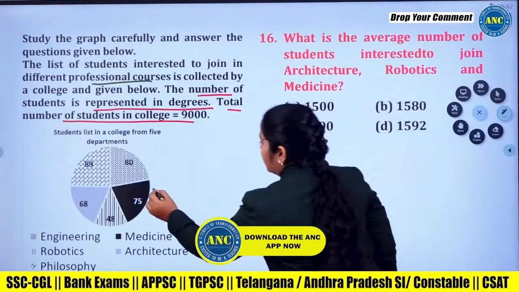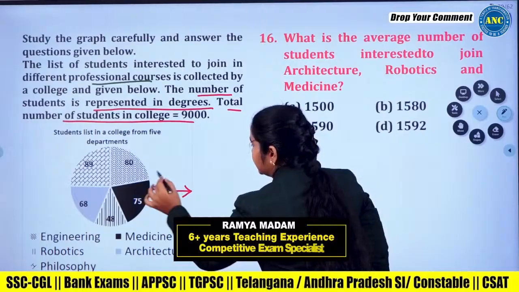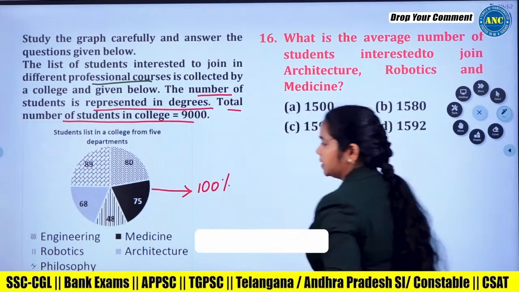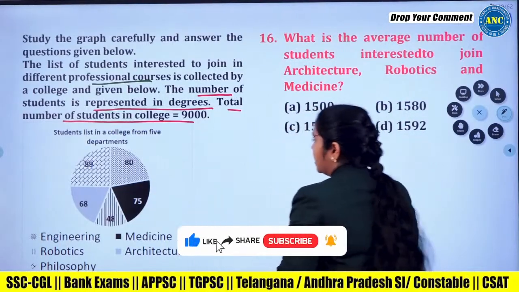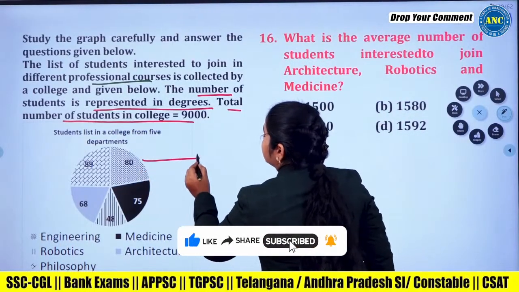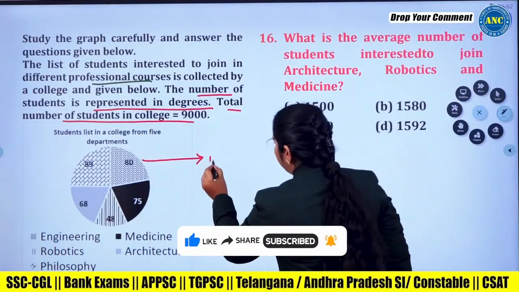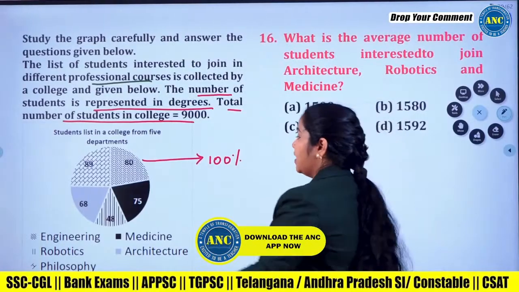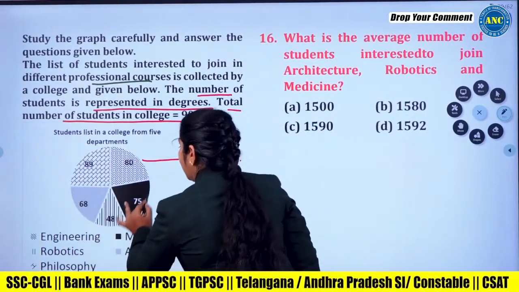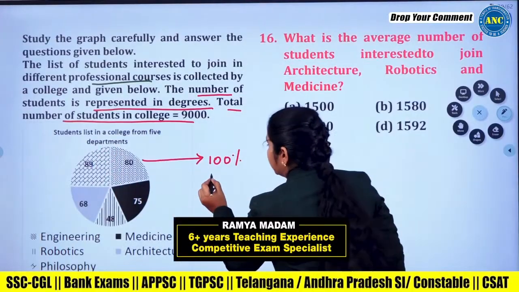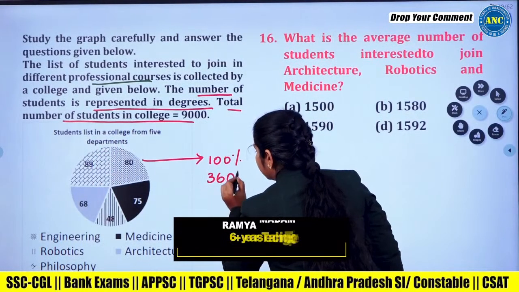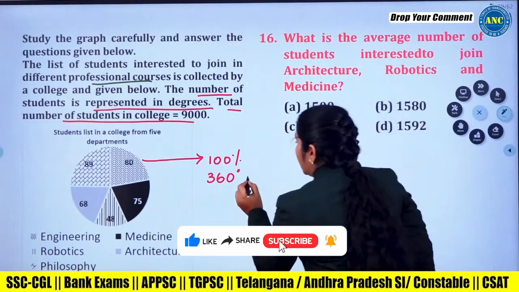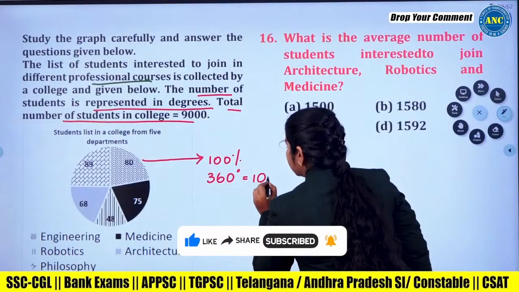Before going into the question, I would like to clarify a few things. We always consider the complete circle to be 100%. Similarly, a complete circle takes 360 degrees. That means 100% is equal to 360 degrees.